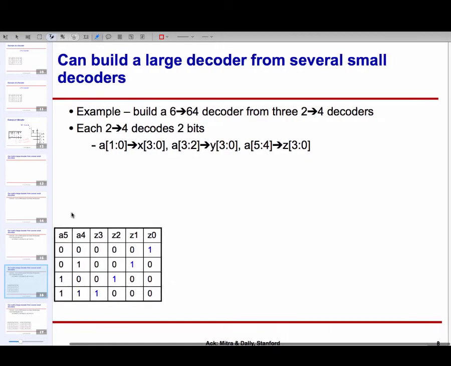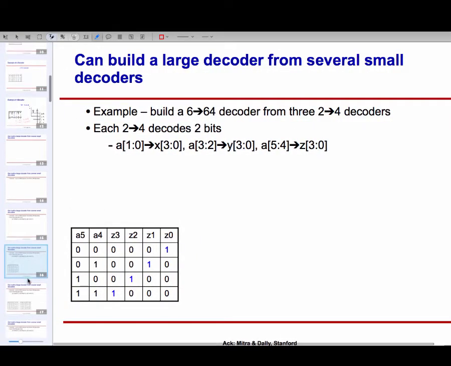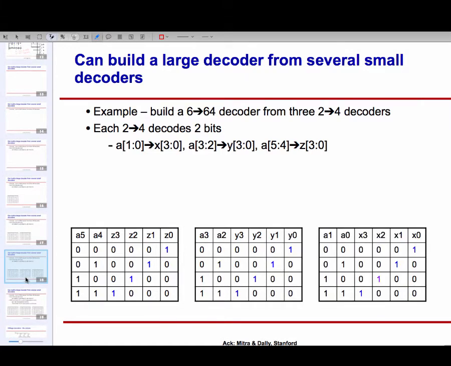So what is happening is that I can create these 3 truth tables where each one of these corresponds to a 2 to 4 decoder. It's just that it's operating on different 2 bits out of the 6-bit A. So the rightmost one is operating on A0, A1, the middle one on A2, A3, and the final one on A4, A5.